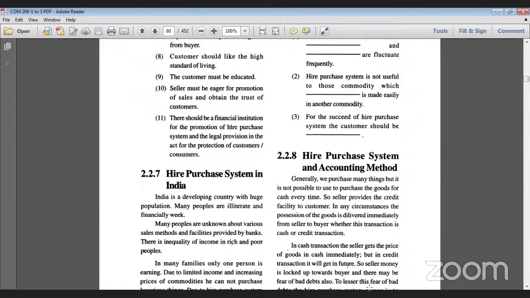See, in hire purchase, the product is immediately transferred to the buyer, but the ownership of the product is transferred when the buyer pays the whole amount plus interest, and at that time this asset will be transferred to the buyer.